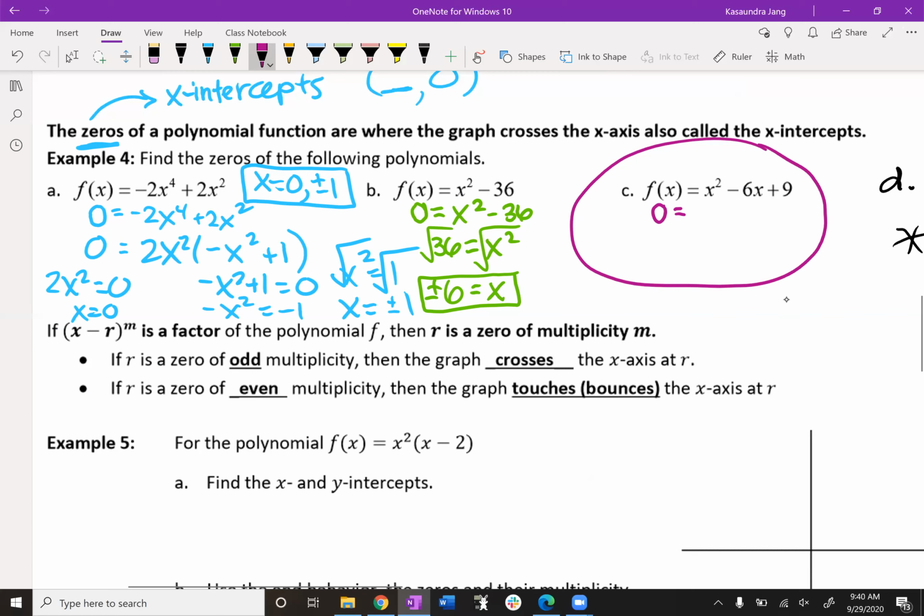You there, Ethan? Go ahead and factor it and get our zeros. Okay, so you got x minus 3 squared, in that negative 3 times negative 3 is a positive 9, and negative 3 plus negative 3 is the negative 6.